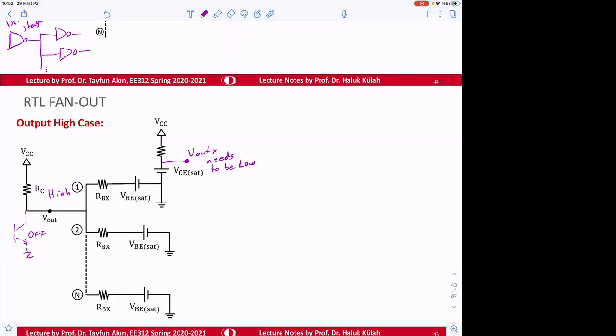Okay, and then ideally, what we want is this value to be 0.2 volt.